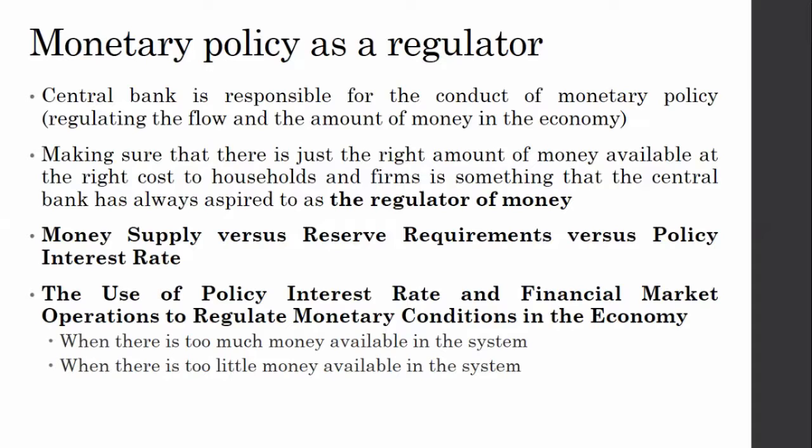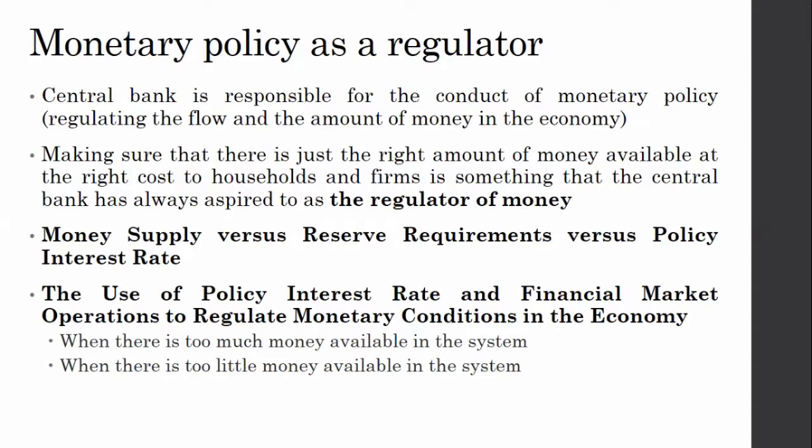When the interest rates are reduced, people will take more and more loans, and they will consume and invest more. Thereby the money will be injected into the economy, right? And this policy interest rate cut can be associated with open market operations as well.